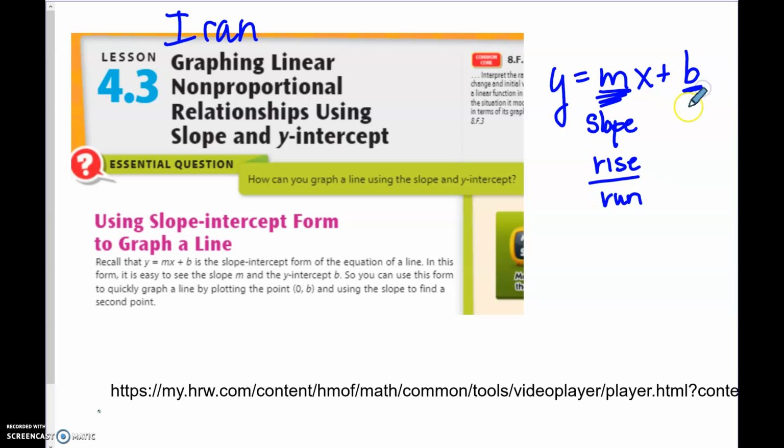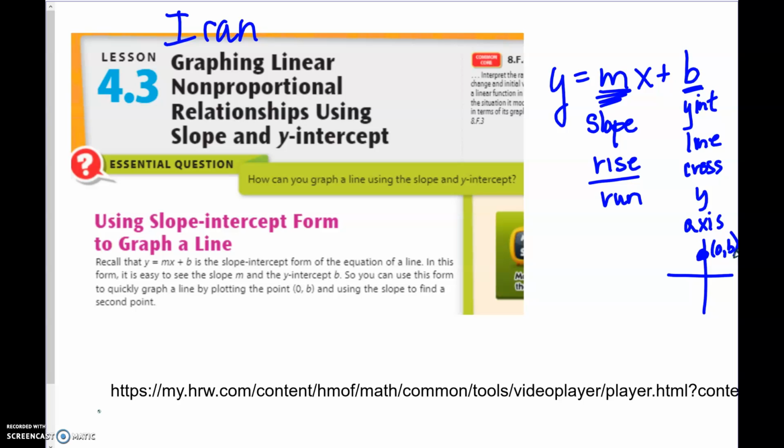And b stands for the y-intercept, and this is where the line crosses the y-axis. Remember, if you're going to graph something on the y-axis, the first number is always going to be 0. So they call it (0, b).